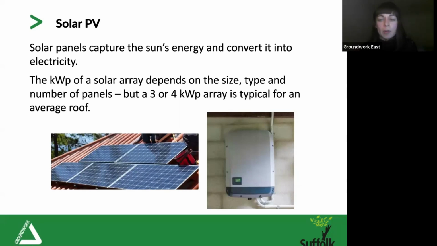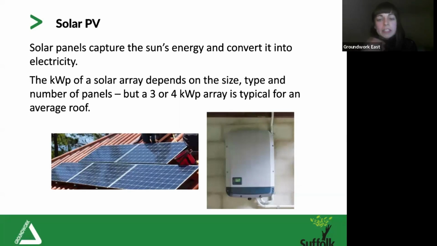The kilowatt peak of a solar array depends on the size, the type and the number of panels, but what you could typically expect for an average roof is about a 3 to 4 kilowatt peak array, which can provide a domestic household with quite a good portion of its energy.